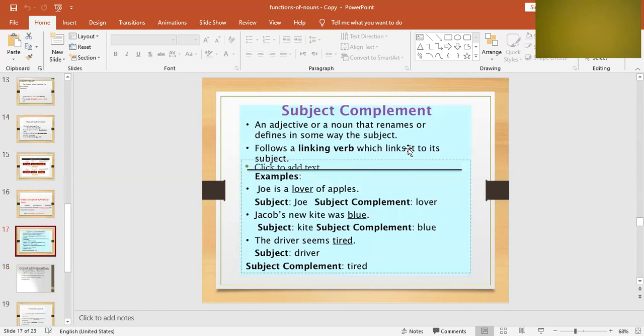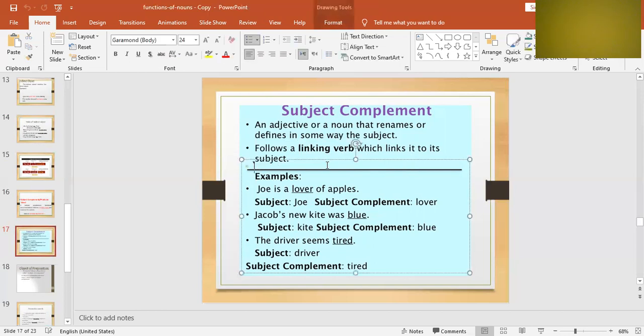Here are examples of subject complements. What is a subject complement? It can be an adjective or a noun that renames or defines the subject. It follows a linking verb, which links it to its subject. Examples: Joe is a lover of apples.